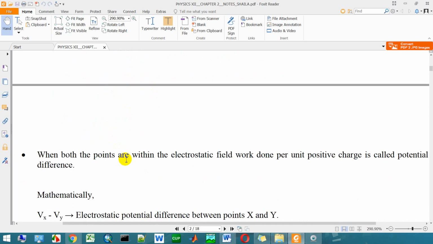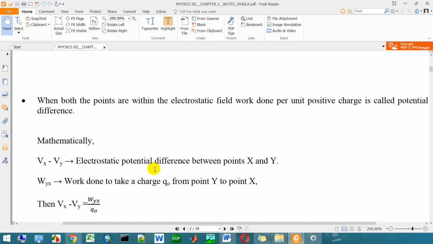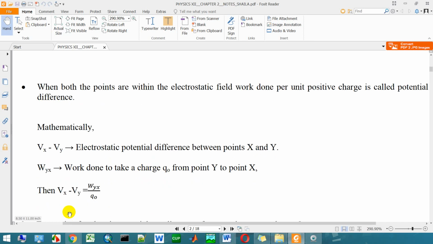The electrostatic potential difference is the potential difference between any two points inside the electrostatic field. Let us assume the two points inside the electrostatic field are x and y. If Vx minus Vy represents the electrostatic potential difference between the points x and y, then the formula is Vx minus Vy equals W by Q0.